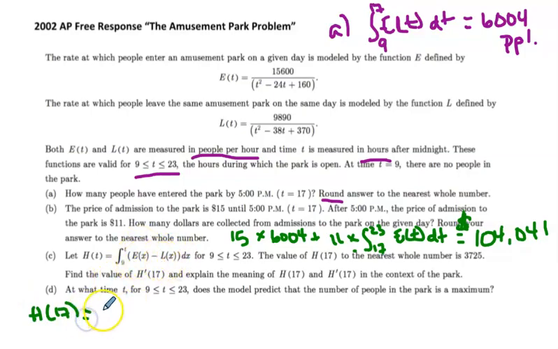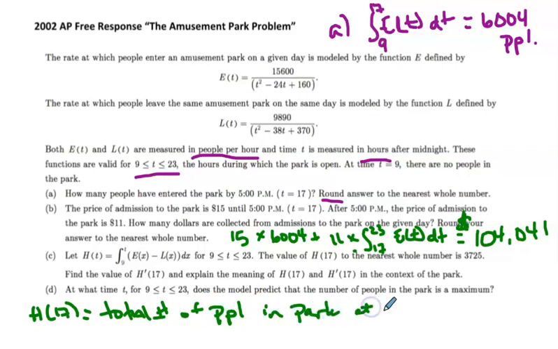So it's the total number of people in the park at 5 p.m. And it is the total number of people since the initial value of the number of people was 0. So it's typically the total change, but since the initial value is 0, we can say that the total number of people in the park at 5 p.m. is 3,725. Then they want us to find h prime of 17.